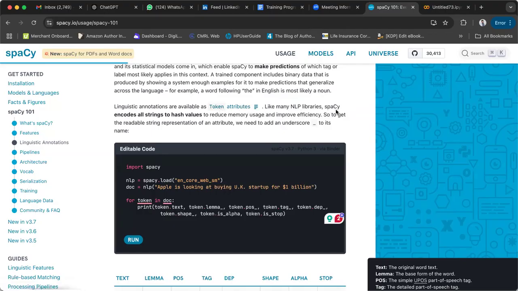Okay. So linguistic annotations are available as token attributes. Like many NLP libraries, spaCy encodes all strings to hash values. All the strings, meaning all the characters, it just stores in hash tables, and from that table it tries to understand its own context, to reduce memory usage and improve efficiency.